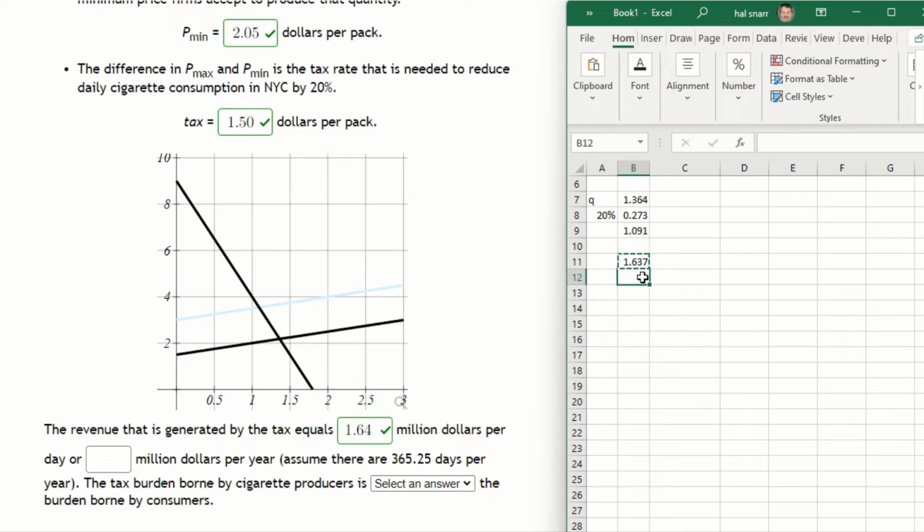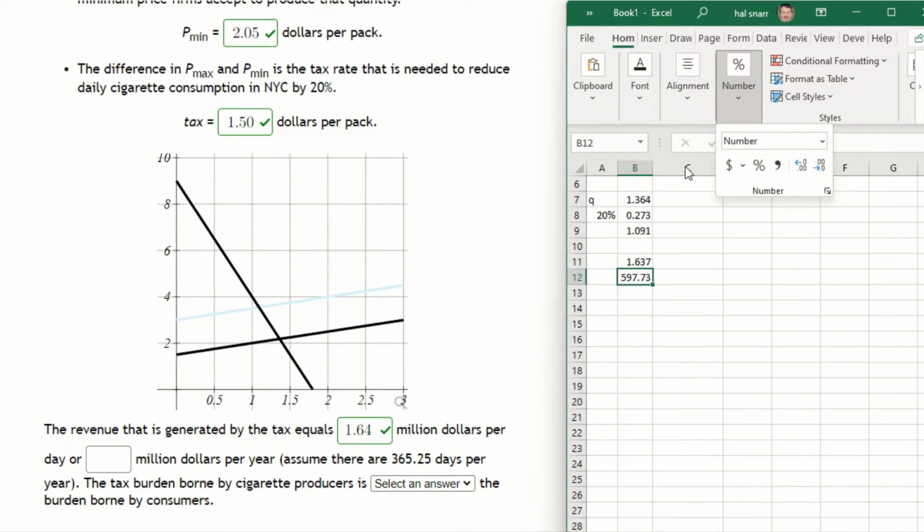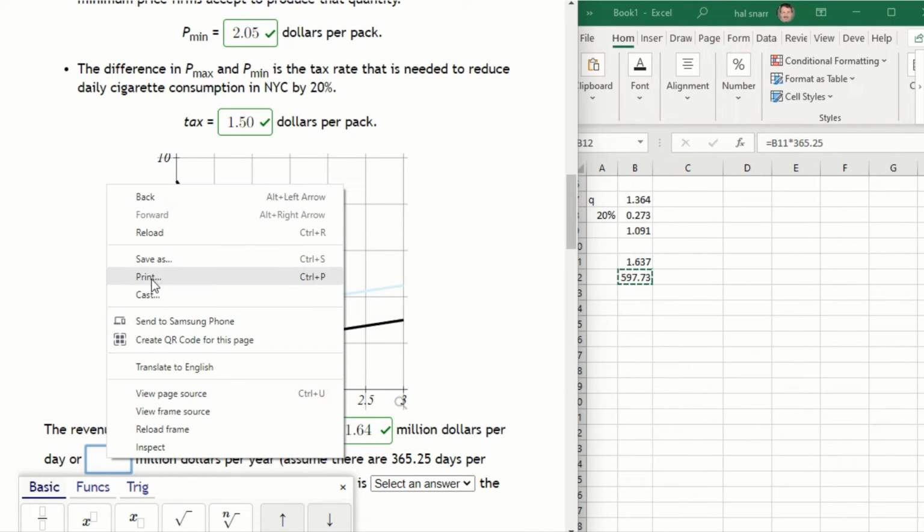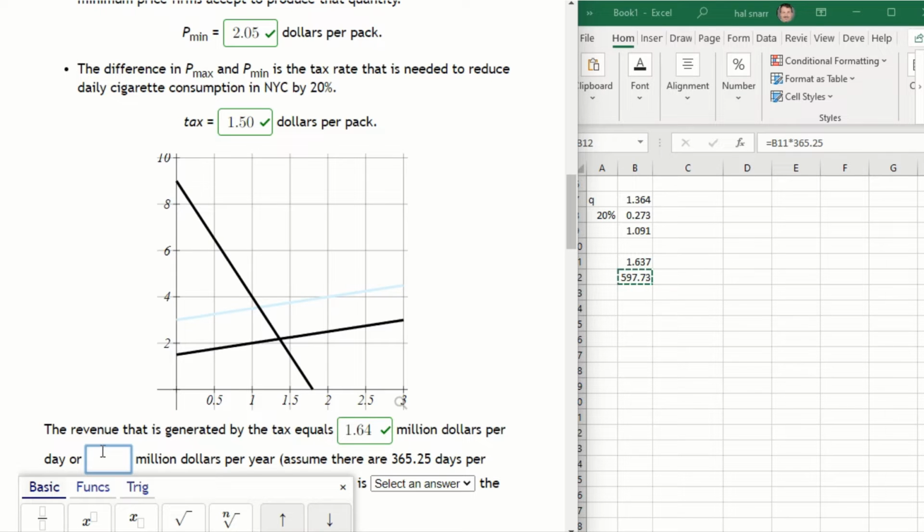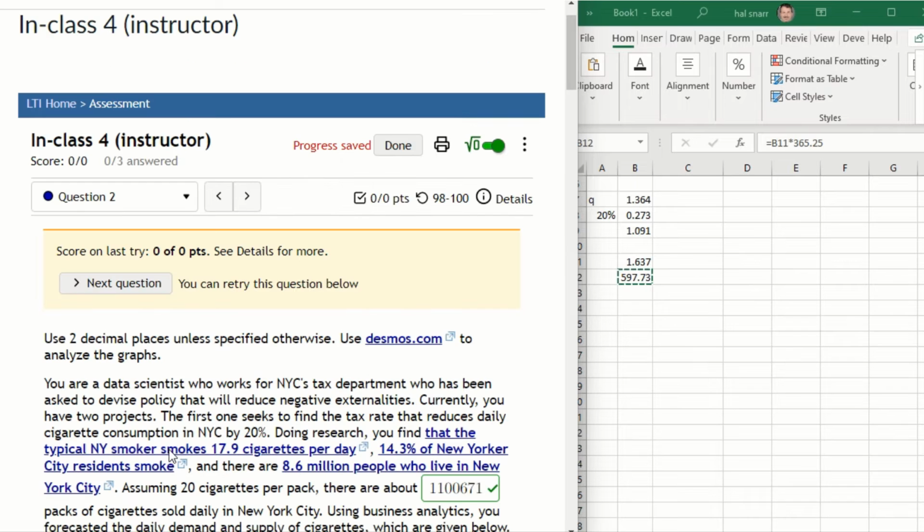So we're going to multiply this by 365.25. And we get $597.73 million per year. So it's quite the sum.